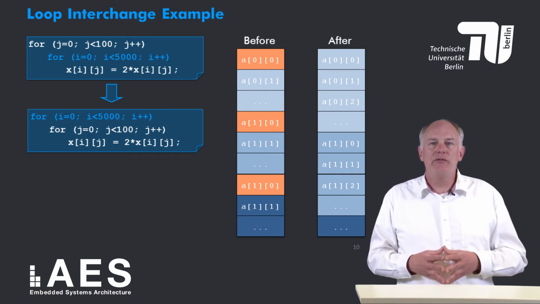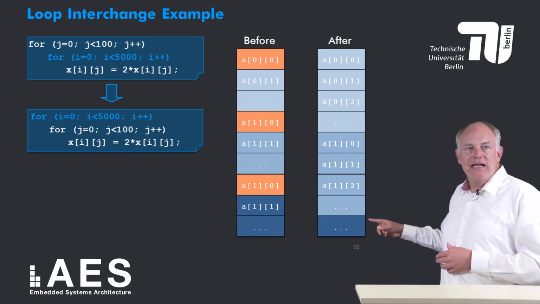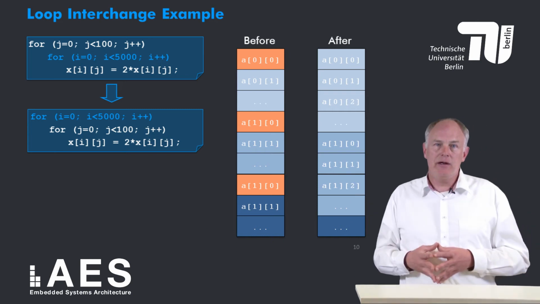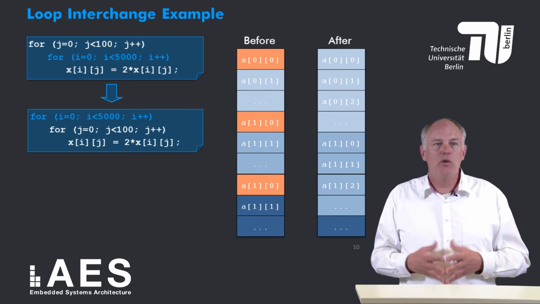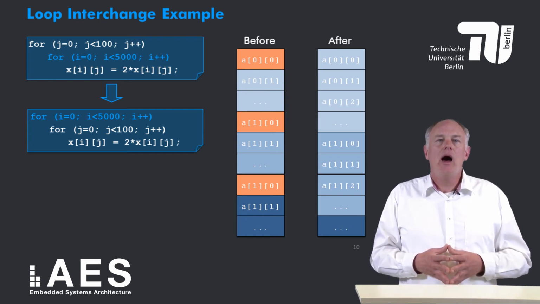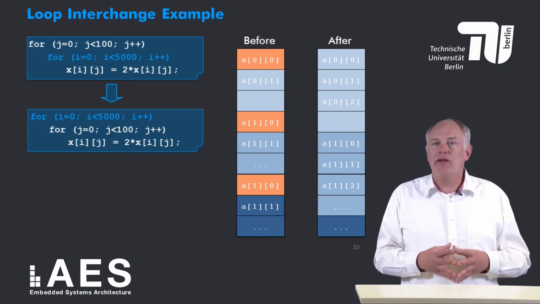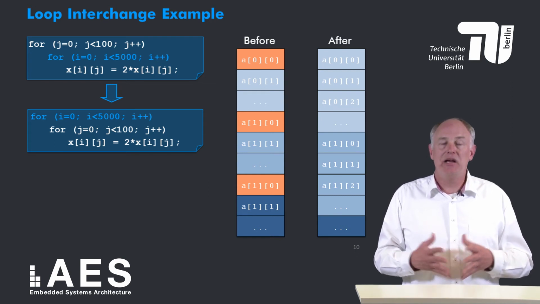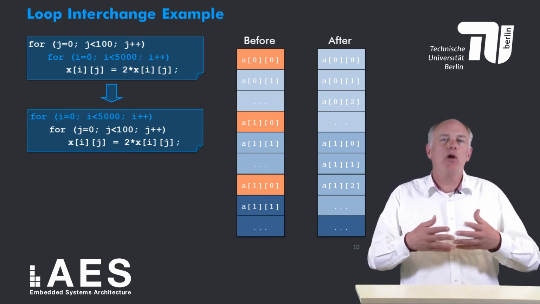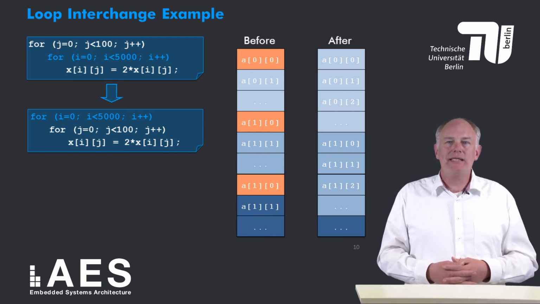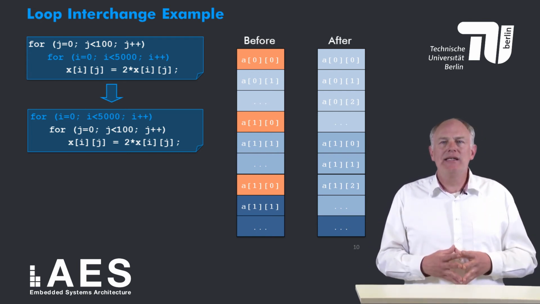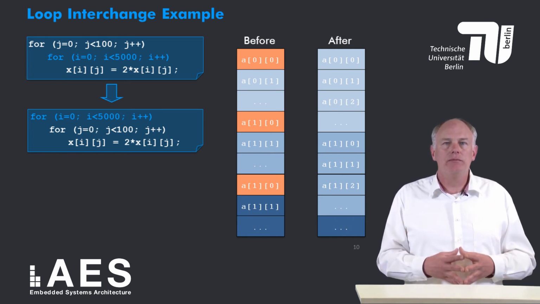When all elements in the first column of A have been accessed, the code will access the first element of the second column, which is A01. However, if the matrix X is too large to keep in cache, it probably is, the cache block containing this element A01 will have been replaced. So spatial locality is not exploited at all.